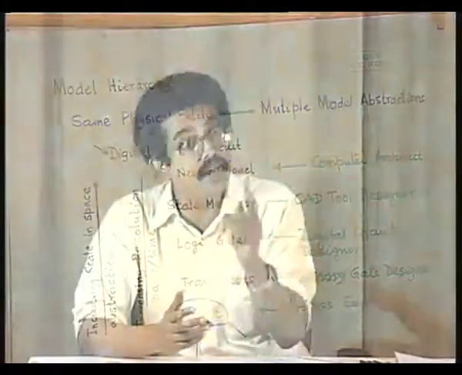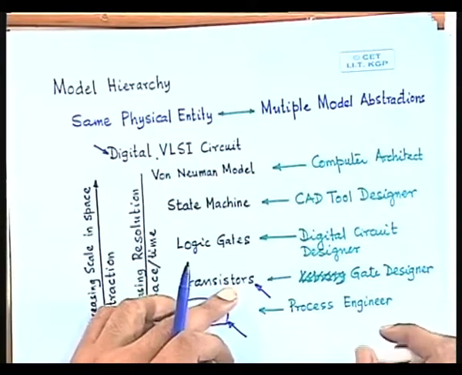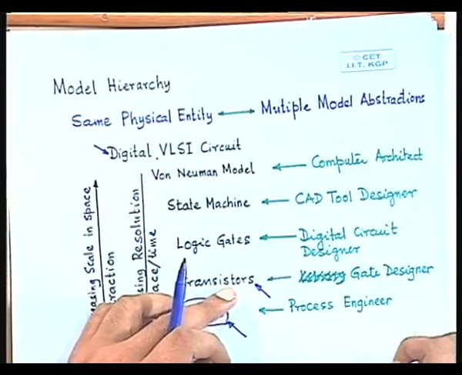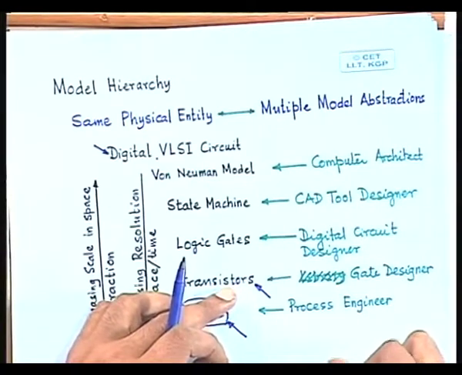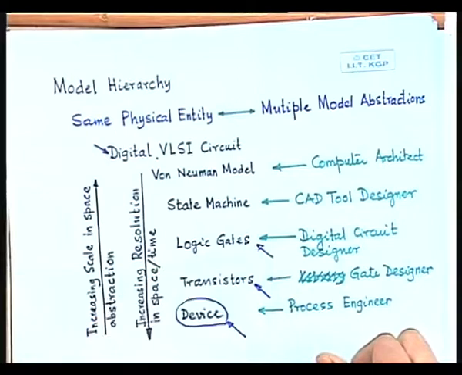So he had to look at the same gate as a nonlinear transistor circuit. He never looked at the gate as a truth table. He looked at it as a coupled nonlinear differential equation representing that transistor circuit. On the other hand, you always look at it as logic gates.